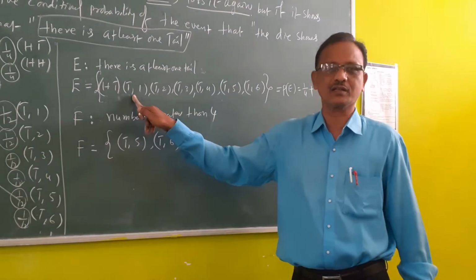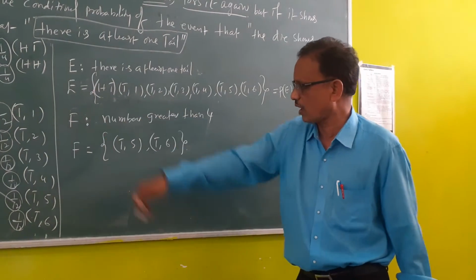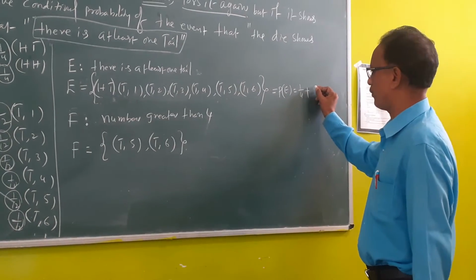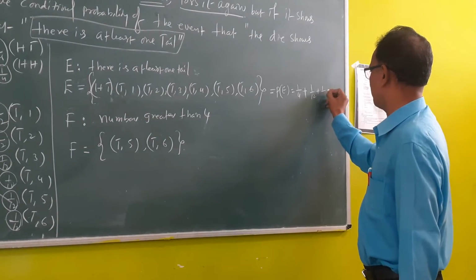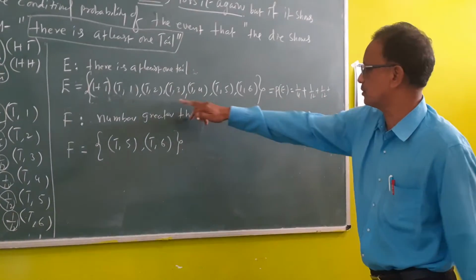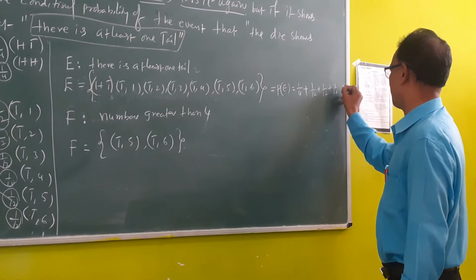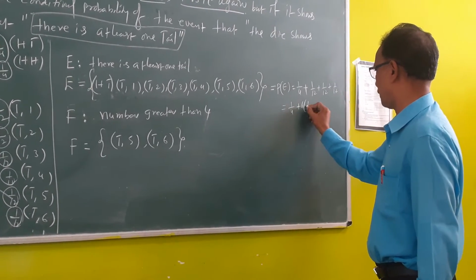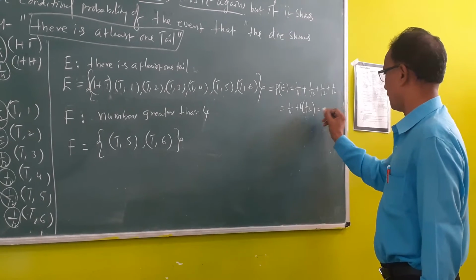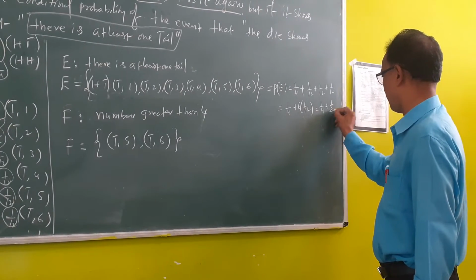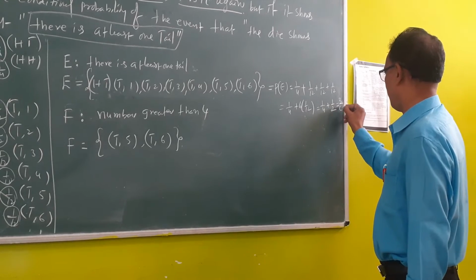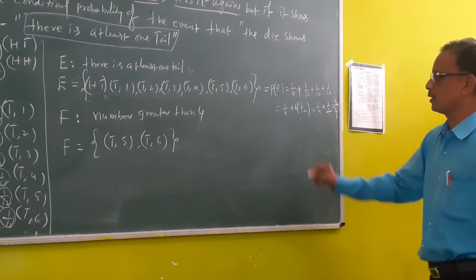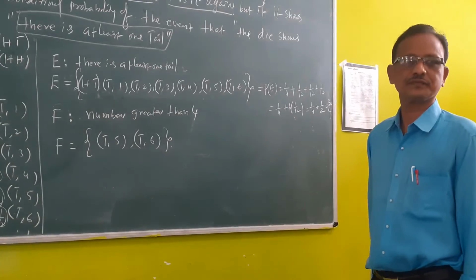Probability of T1, all are 1 by 12, and there are 6 of them. So 1 by 4 plus 6 times 1 by 12, which is 1 by 4 plus 1 by 2. This is 3 by 4. So probability of E is equal to 3 by 4.